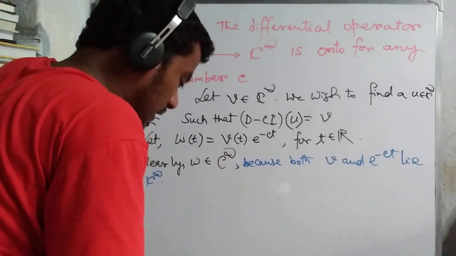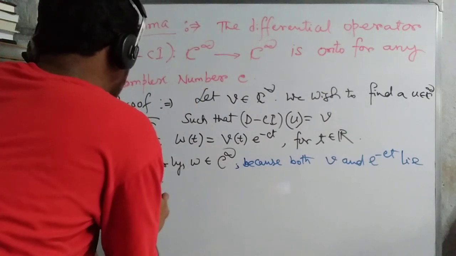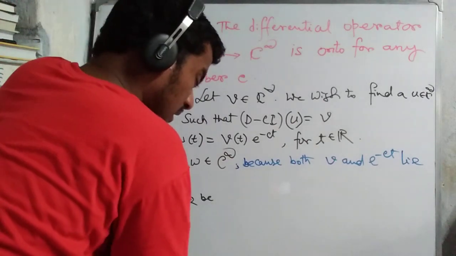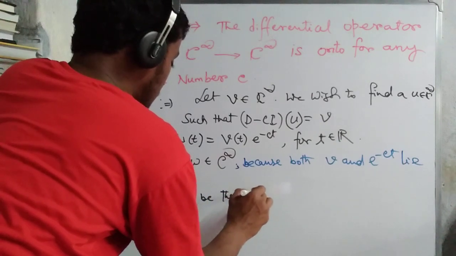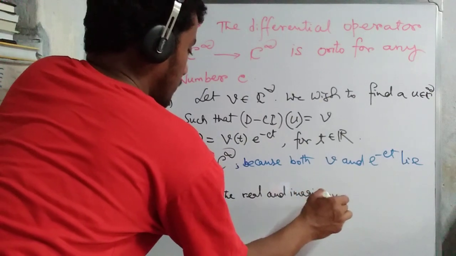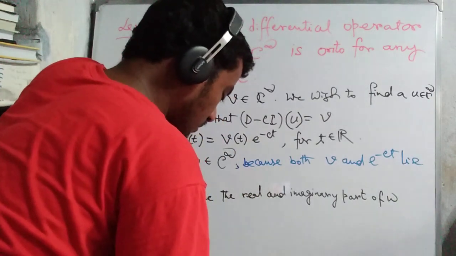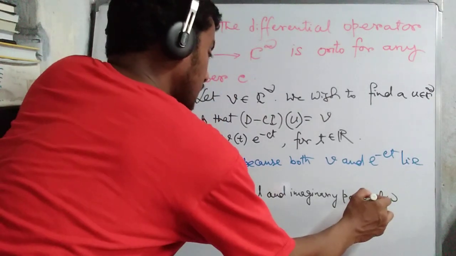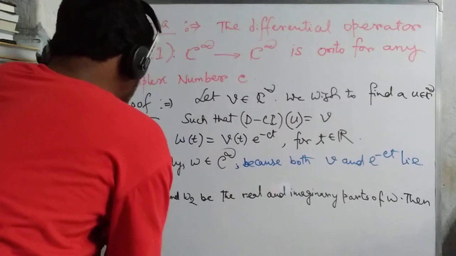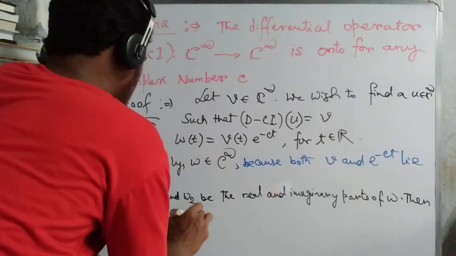Then let w1 and w2 be the real and imaginary parts of w.